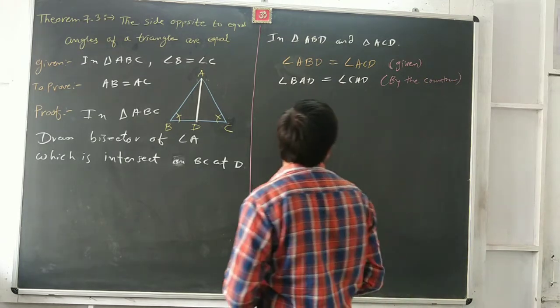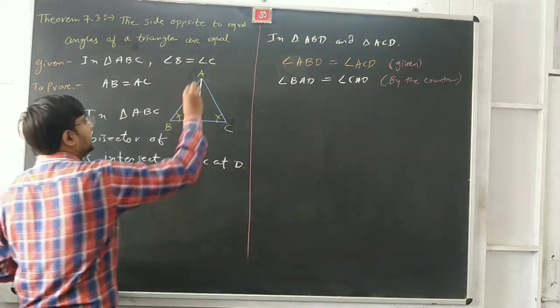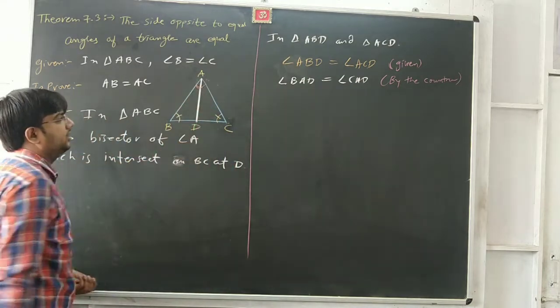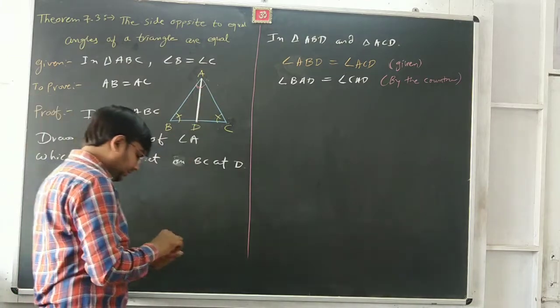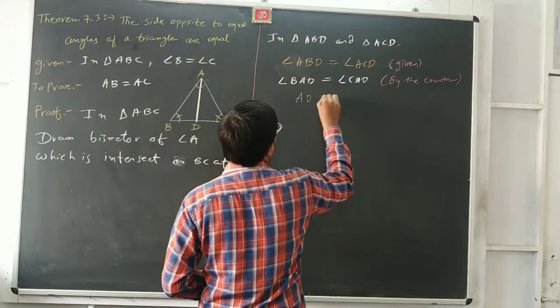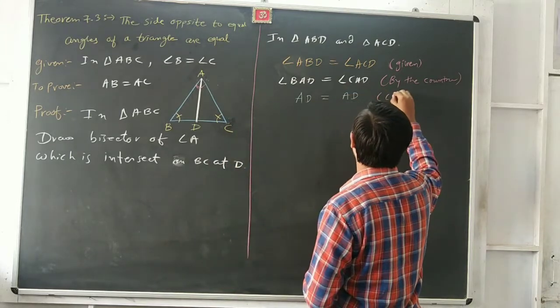Angle A is bisected by AD, so these two angles are the same. And the third one is the common side AD. AD is equal to AD. This is the common side.